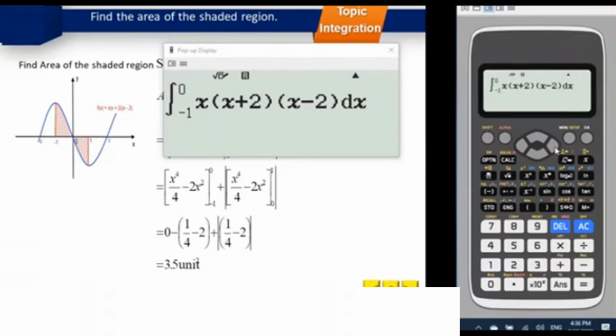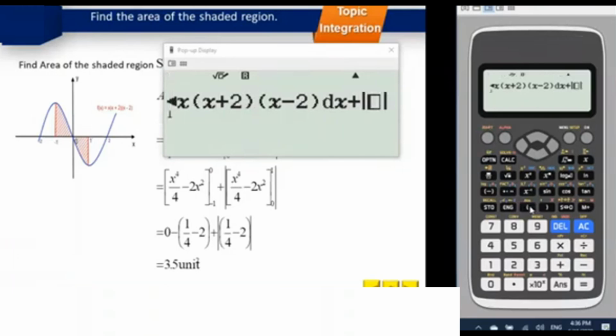If I wish to write the second equation or the second function, the second area of the shaded region along with this, then I have to use plus, and I have to use the absolute valued function. I hope you all remember that everything within the absolute valued function always turns out to be positive.